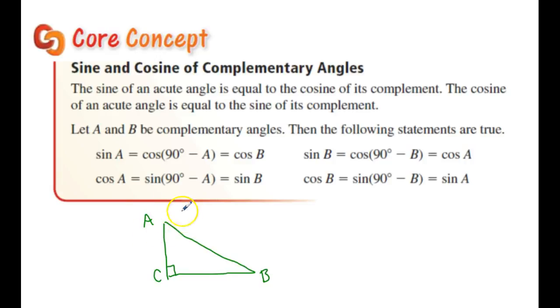So the sine of one angle is equal to the cosine of its complement. That's one way we can say it. So if I'm looking at the sine of A, I know it's equal to the cosine of B. The cosine of A is equal to the sine of B. We kind of want to think of them back and forth, sine and cosine, right? And that's just written here. So you can write this out however will make sense to you. But to me, this 90 minus A just tells me the other angle in my triangle. That's what this 90 minus A means, is they are complementary angles.